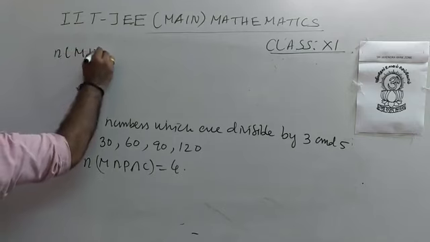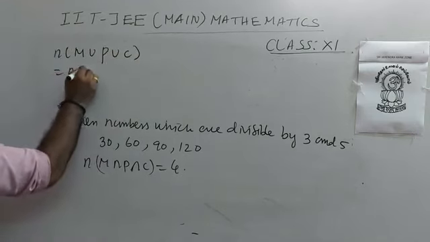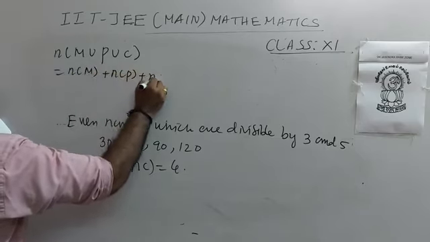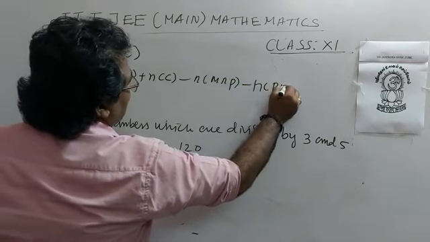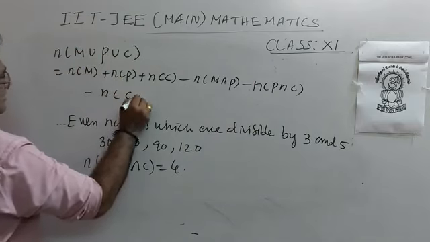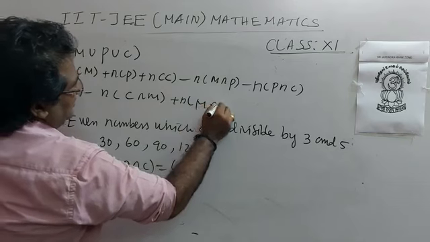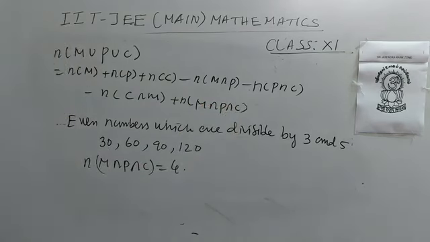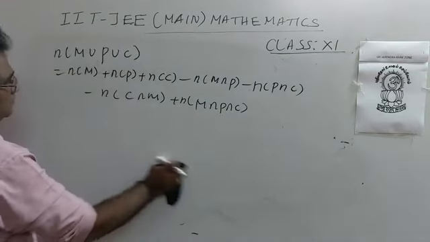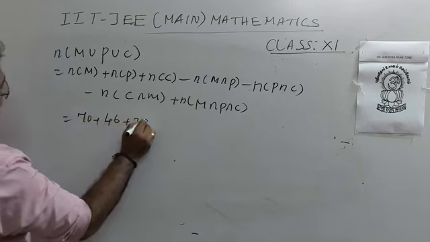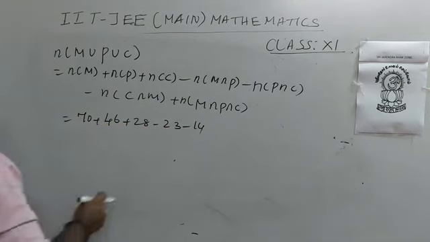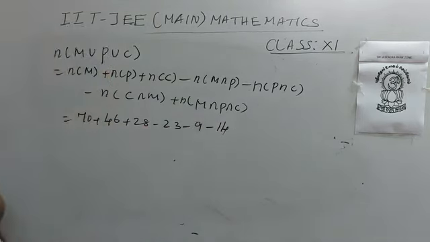N of M union P union C equals n of M plus n of P plus n of C minus n of M intersection P, minus n of P intersection C, minus n of C intersection M, plus n of M intersection P intersection C. That is 70 plus 46 plus 28, minus 23, minus 9, minus 14, plus 4.